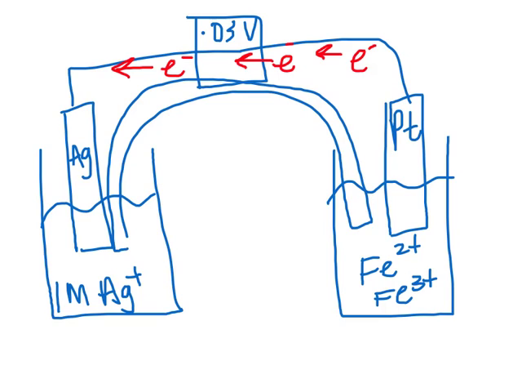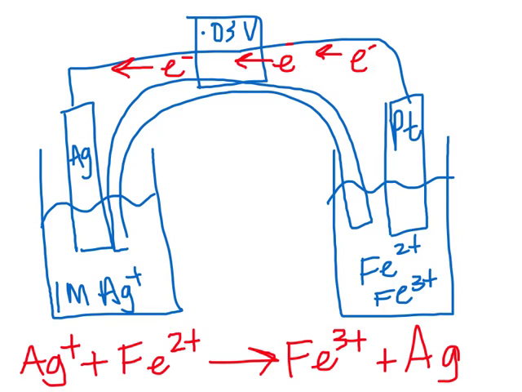So we have our two sides, and then we can write the overall chemical reaction as this, because we were transferring only one electron. And then the last thing I need to do is indicate which side is the anode and which side is the cathode. Remember, the anode is where oxidation occurs, and oxidation is loss of electrons.